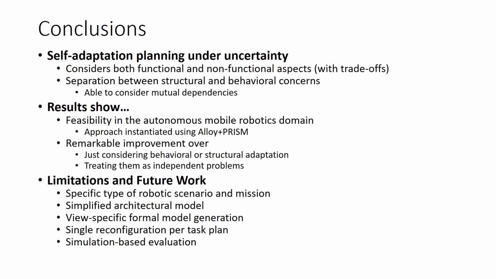Moreover, we plan to generalize our formal model generation mechanisms using model transformations instead of the current template-based approach. Our framework currently assumes a single architecture reconfiguration per task plan. Further work will address scalability issues induced by allowing multiple reconfigurations during the mission, as well as trade-offs with the potential quality improvements in adaptation plans.